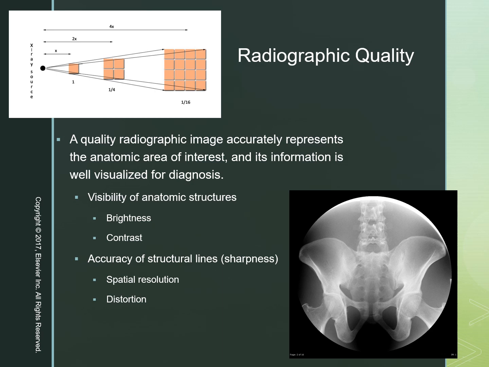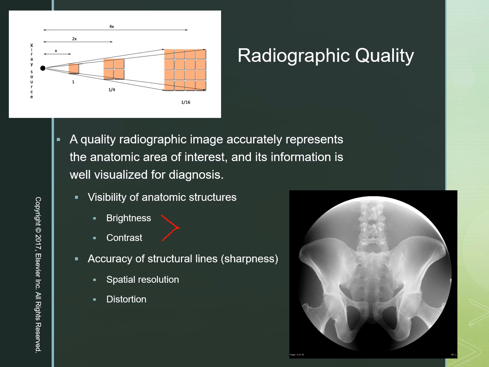Our brightness and contrast are really going to be dependent upon the beam that we provide, so our kVp, our mAs, and how well we correlate that beam to the anatomic structures that are there. So we need to make our beam the optimal technical factors in order to provide the optimal brightness and contrast so that we can visualize the anatomy as best as we can.